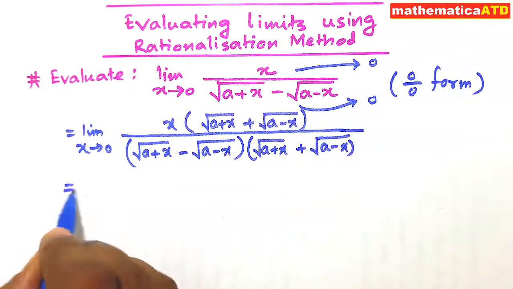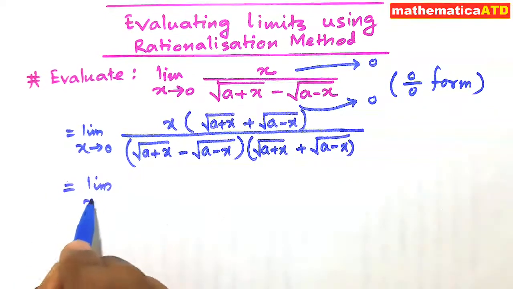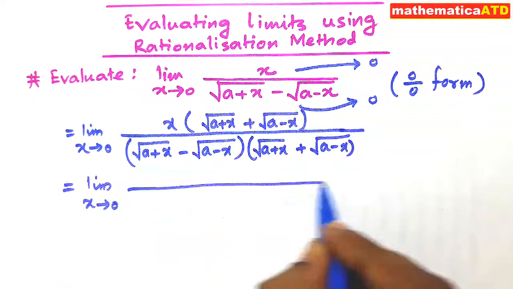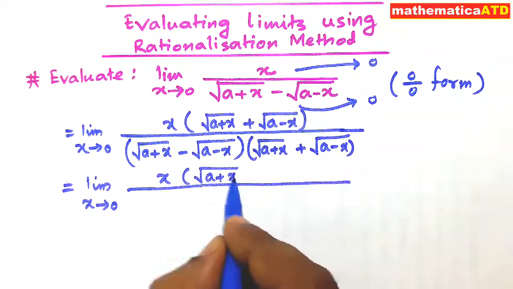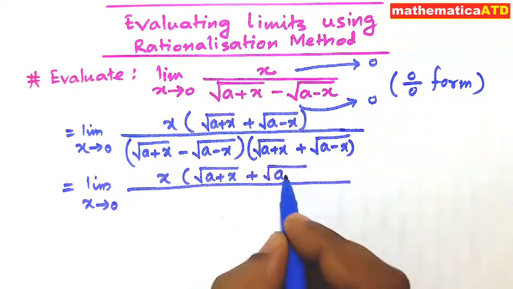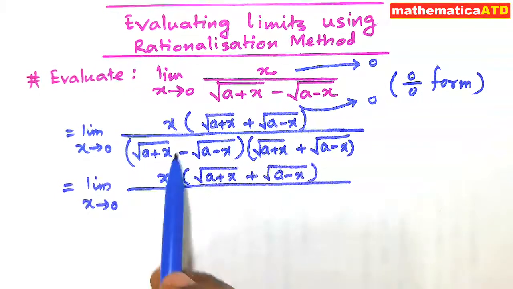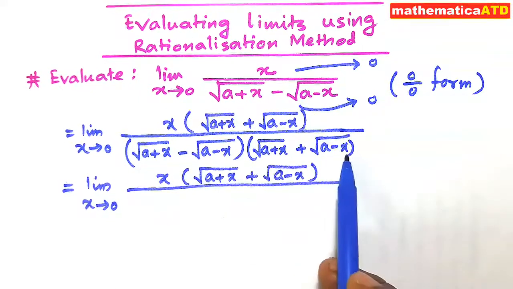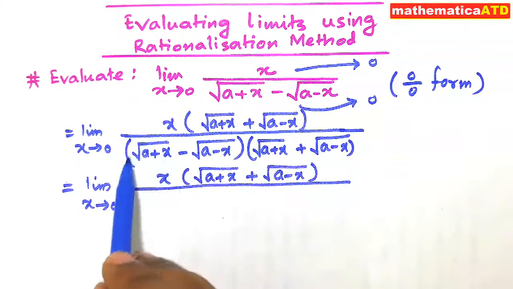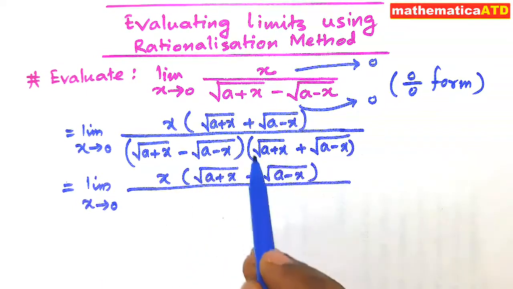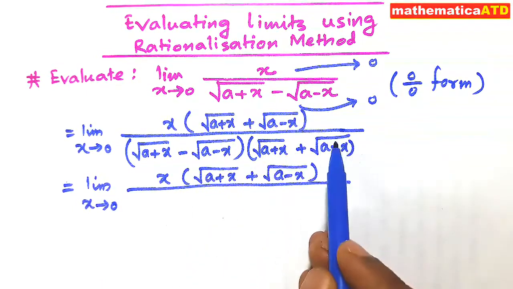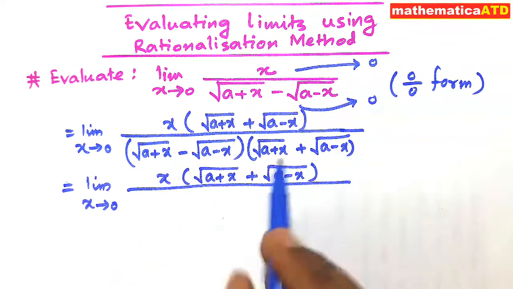So here we are getting limit x tends to 0, the numerator as usual x into root over a plus x plus root over a minus x, divided by, you see that the denominator is in the form x minus y whole into x plus y, that means x square minus y square.